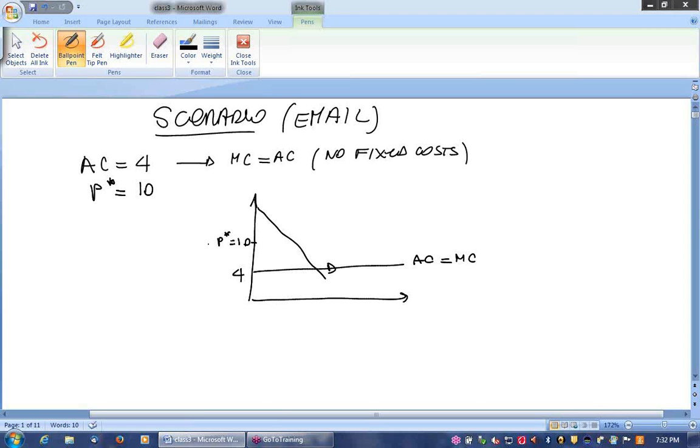So since we know that for the monopolies the optimal quantity is found where you cross the marginal cost with the marginal revenue, we have that at this point is where the marginal revenue and marginal costs are crossing.